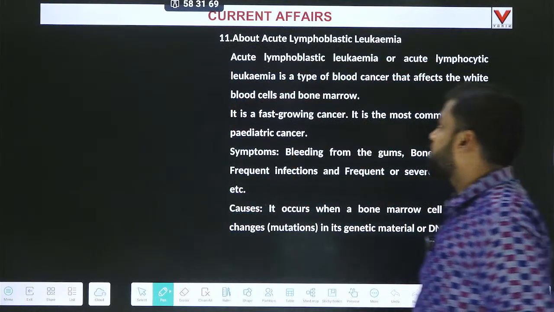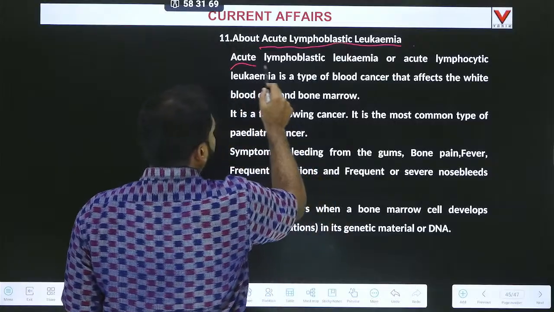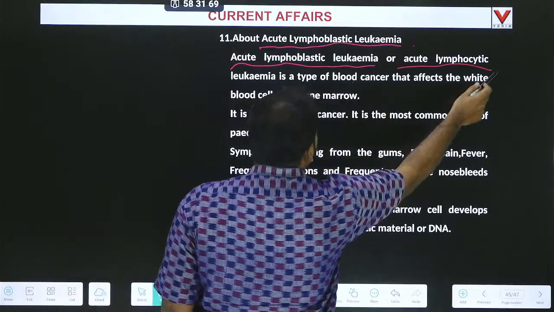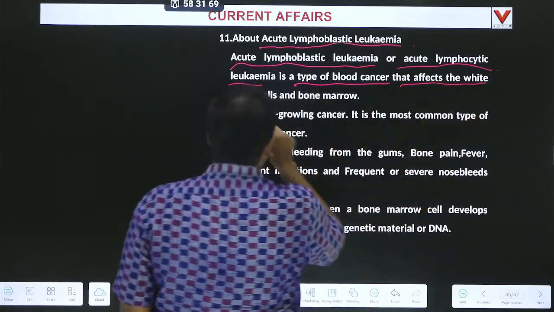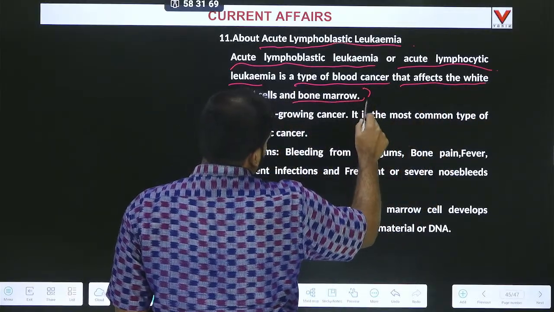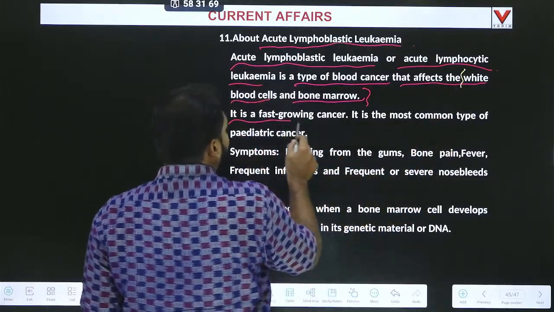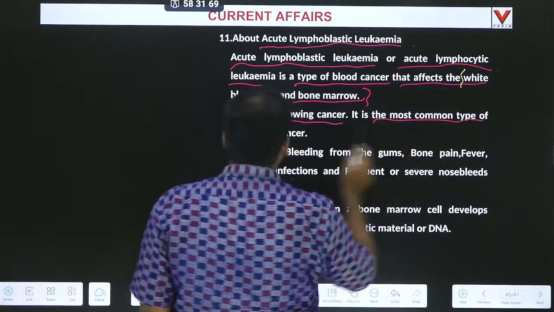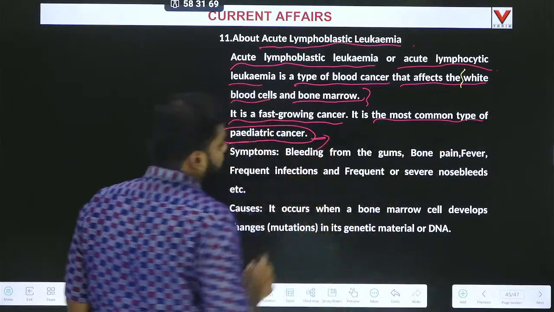Okay, let's study about it. Acute lymphoblastic leukemia, or acute lymphocytic leukemia, is a type of blood cancer that affects the white blood cells and bone marrow. Remember? WBC and bone marrow. It is a fast growing cancer. It is the most common type of pediatric cancer. That's why the majority of children are affected.